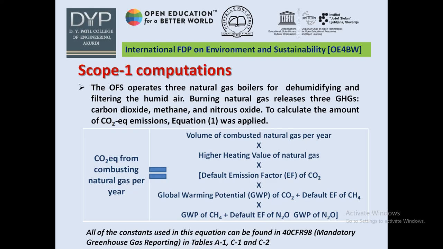All of the constants used in these equations can be found in 40 CFR 98, which is mandatory greenhouse gas reporting, in tables A1, C1 and C2. This is a standard document which is available.